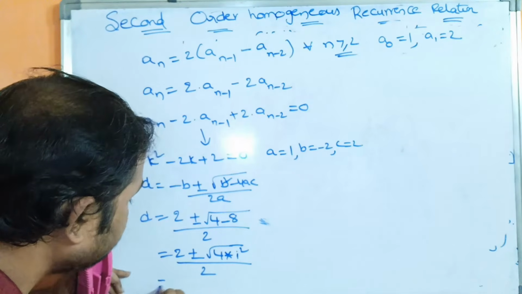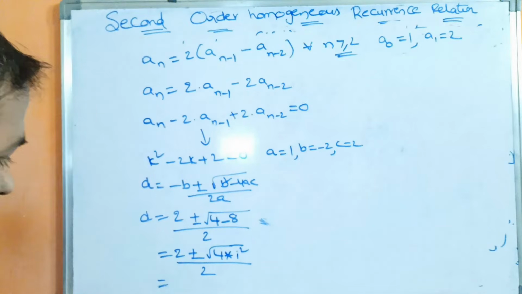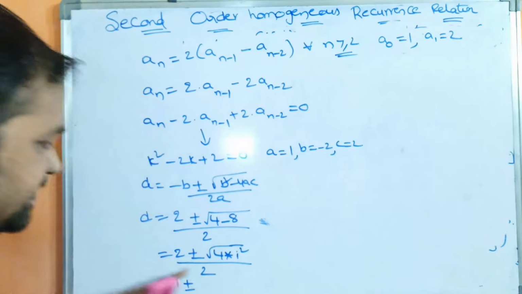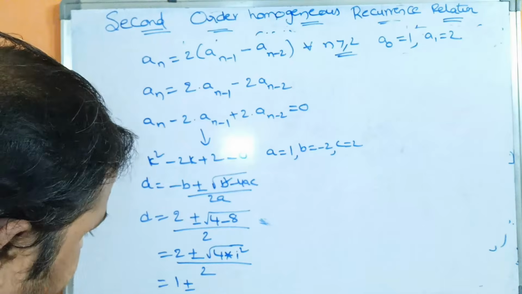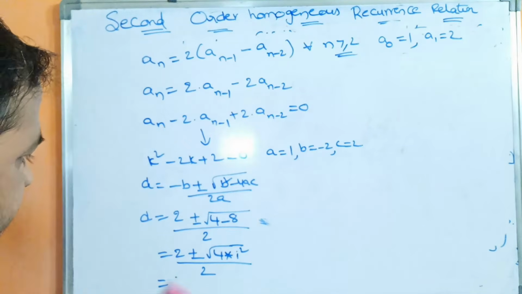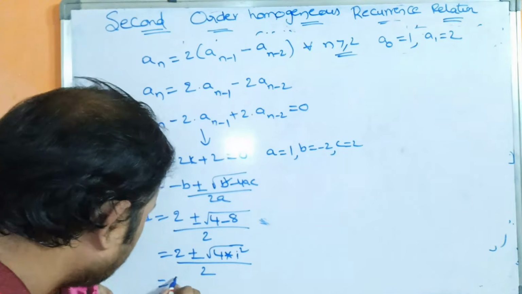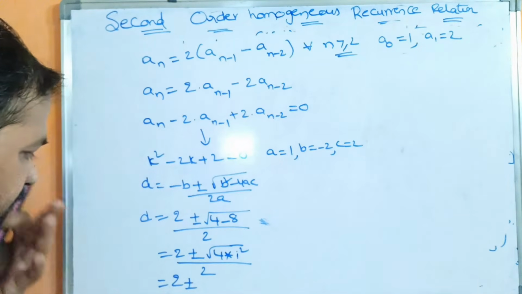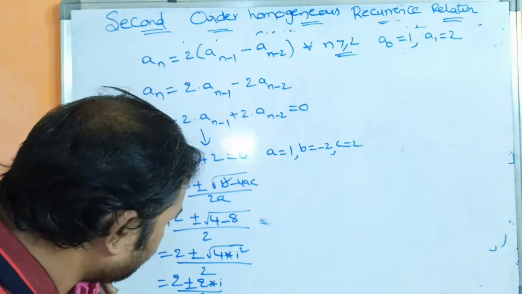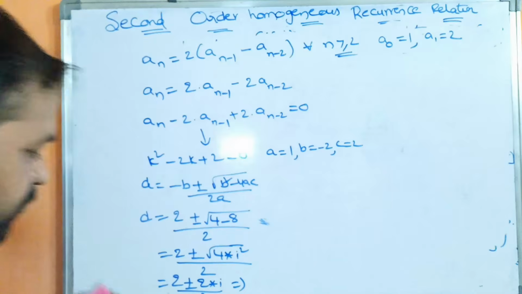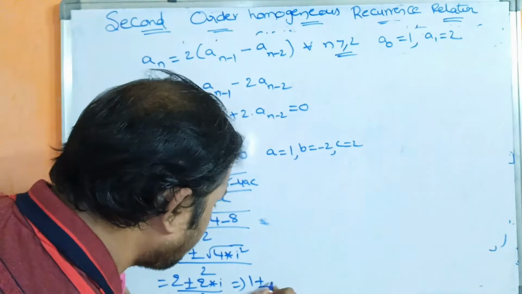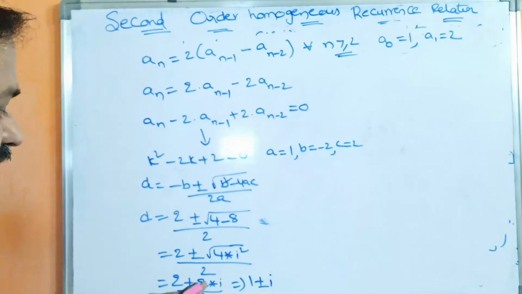So this can be written as 2 plus or minus square root of 4 into i square by 2, that is 2 plus or minus 2 into i by 2. So 2 by 2 means 1, 1 plus or minus 2i by 2. 2i by 2 means what?